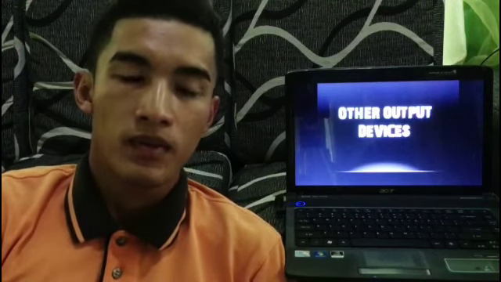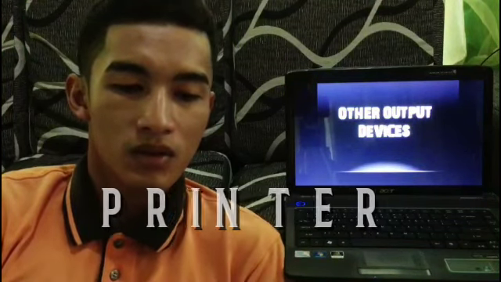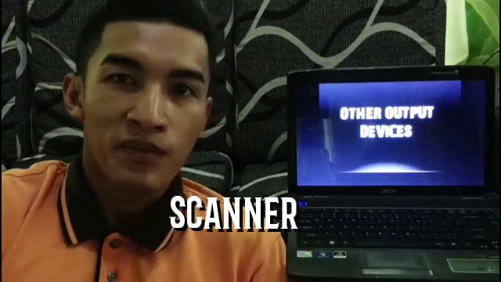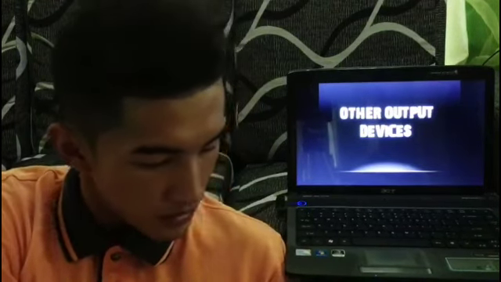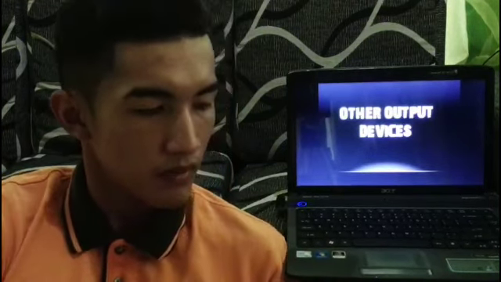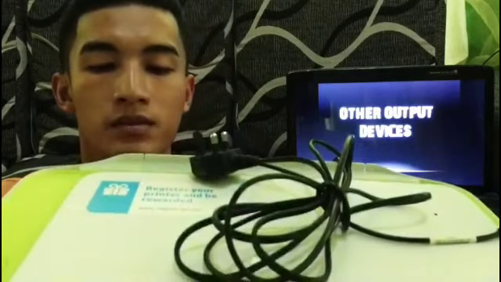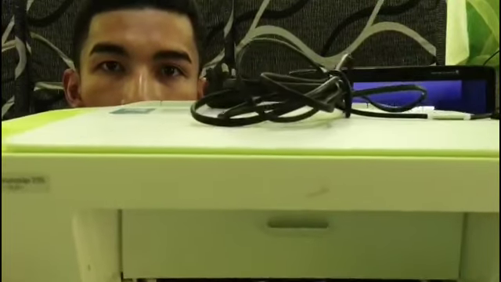For the first type of other output device that can help Lisa do her work, it is a printer. The printer also comes with a scanner. I'm going to show you all, I'm also a user of this printer, as you can see.